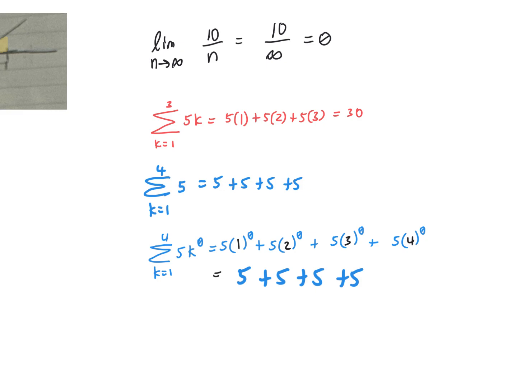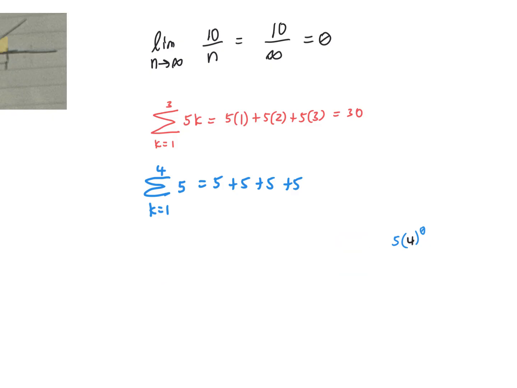All right. Now, let's think about what that means, though. What it means for this structure here to equal this is that this thing ends up equaling 5 times 4, right? Which is 20, of course.